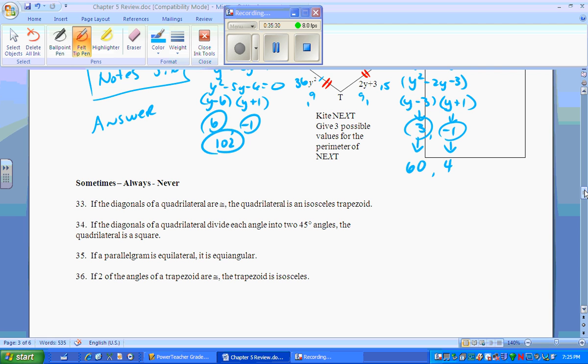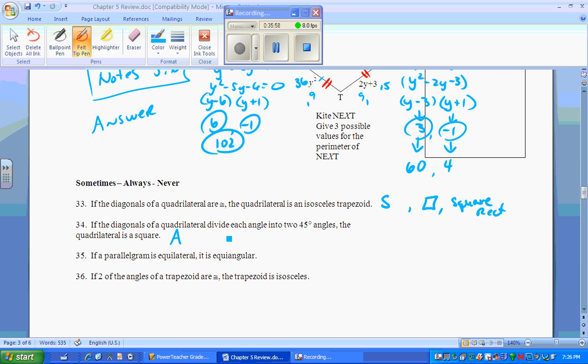For the always, sometimes, never: if the diagonals of a quadrilateral are congruent, the quadrilateral is an isosceles trapezoid. Sometimes, because it could also be a rectangle or a square. If the diagonals of a quadrilateral divide each angle into two 45 degree angles, the quadrilateral is a square.